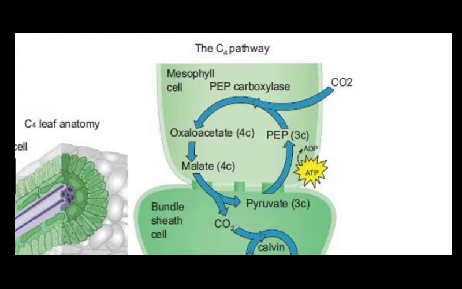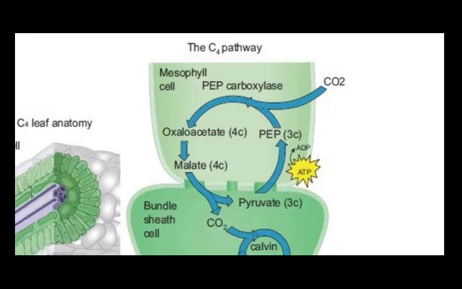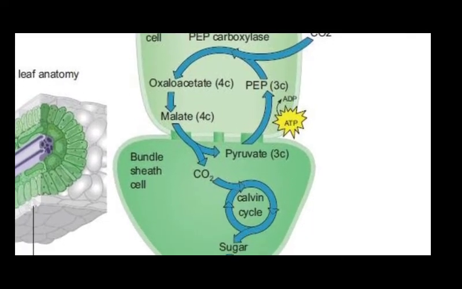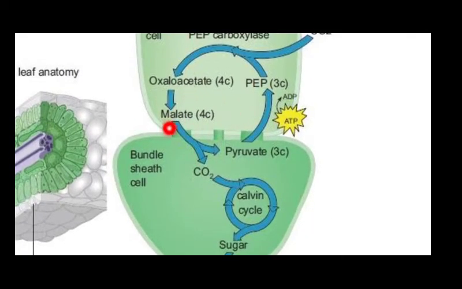Now remember, this step takes place inside the mesophyll, and is a method which deviates from the Calvin cycle that we normally know. So once this takes place in the mesophyll cell, the PEP is converted into oxaloacetic acid due to addition of carbon dioxide. Now this oxaloacetic acid will get converted into malic acid or malate, right?